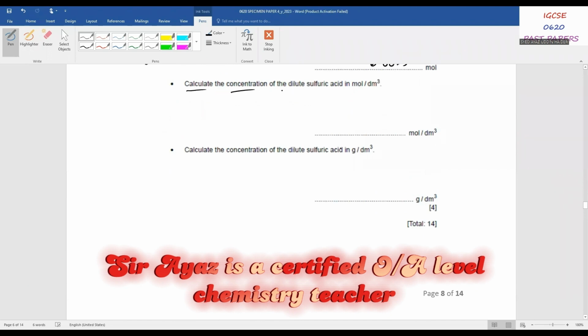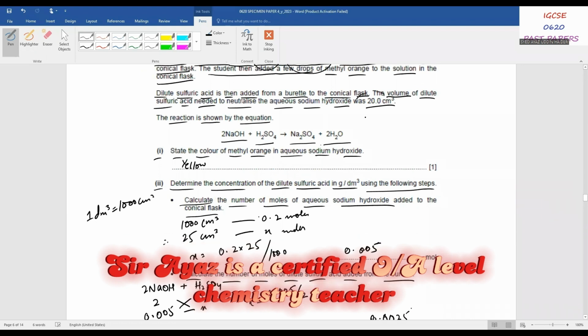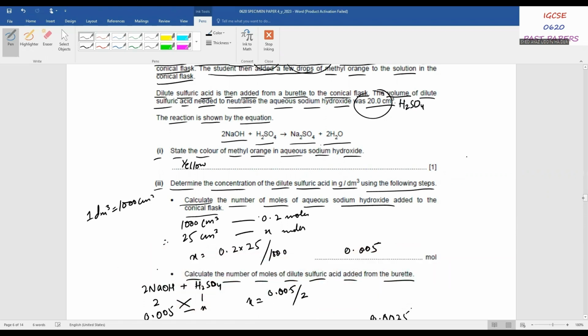Calculate the concentration of dilute sulfuric acid in mole per dm³. Now these are the moles which are present in 20 cm³ of sulfuric acid, which are initially used in this reaction. This is the volume for sulfuric acid.